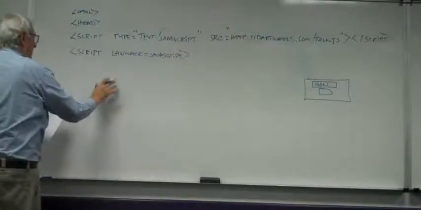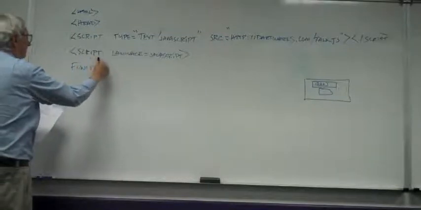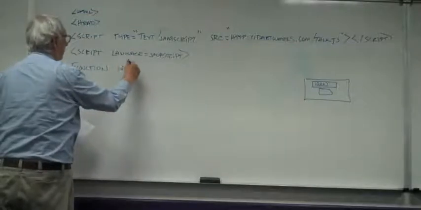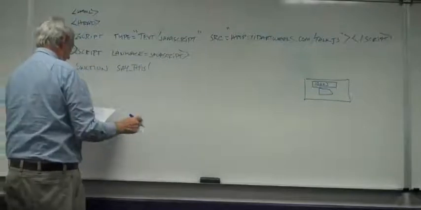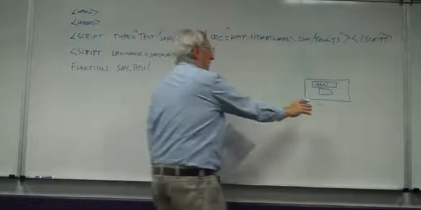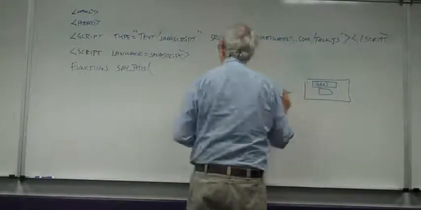Okay, this is just going to be a regular JavaScript function. Give it any name you want. I'll give it the name say this. And I have to bring one thing up from here.